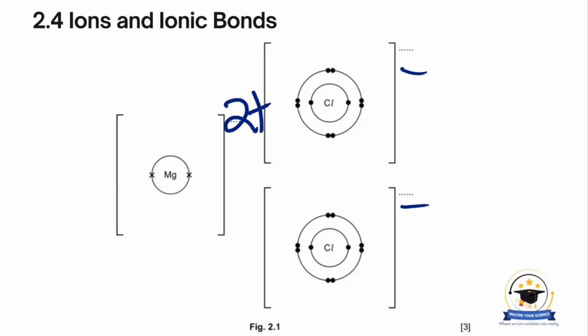So magnesium is in period 3, which means it normally has 3 occupied shells, but it has lost the 2 electrons in its outermost shell, so it will have 2 occupied shells, and that second shell will be full with 8 electrons.